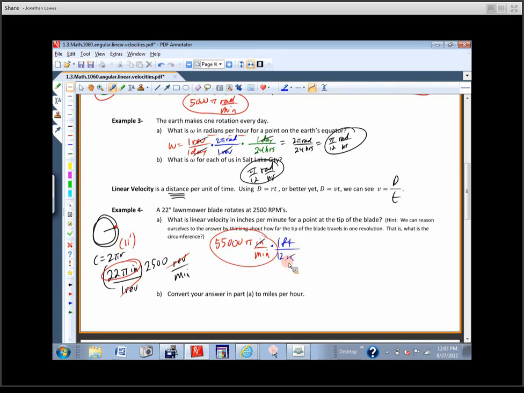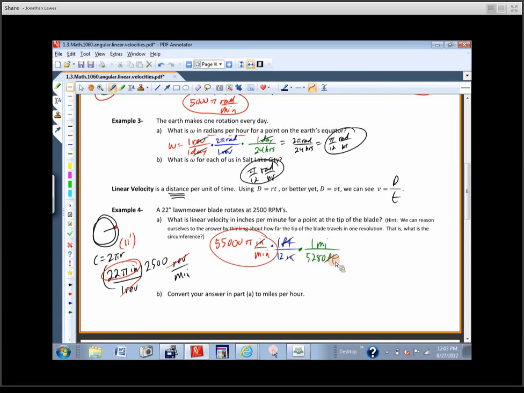Inches cancel. Next. I don't want feet. What do I want? I want miles. So I do 5,280 feet is 1 mile. Feet cancel.